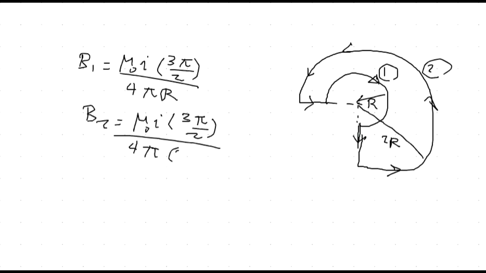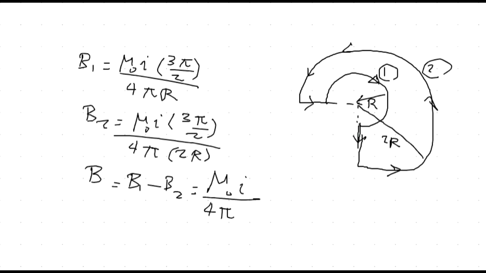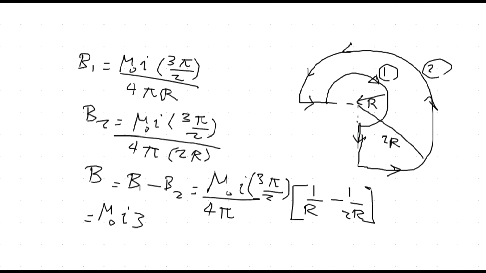B is B1 minus B2, which gives 1 over R minus 1 over R. So I 3 over 8 multiplied by 1 over R. So I over 60.